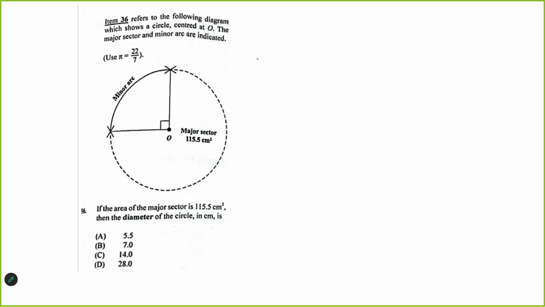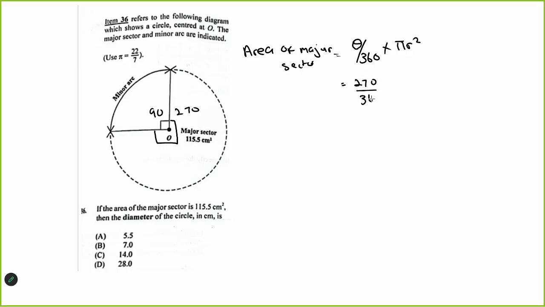Alright, so first off, we know that the area of a sector is equal to theta over 360 multiplied by pi r squared. If this is 90, then the rest is 270. So it would be 270 over 360 multiplied by 22 over 7 multiplied by radius squared is equal to 115.5.